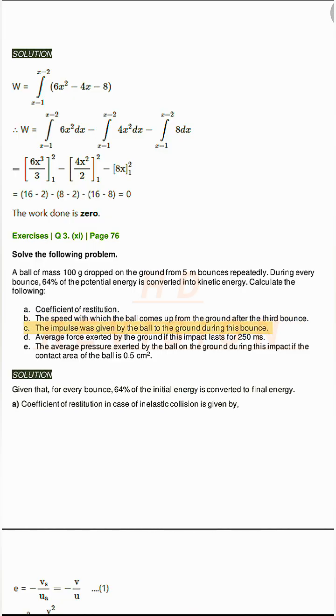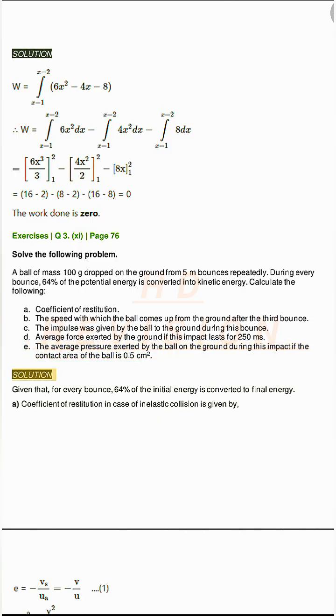C. The impulse given by the ball to the ground during this bounce. D. Average force exerted by the ground if this impact lasts for 250 ms. E. The average pressure exerted by the ball on the ground during this impact if the contact area of the ball is 0.5 square centimeters.